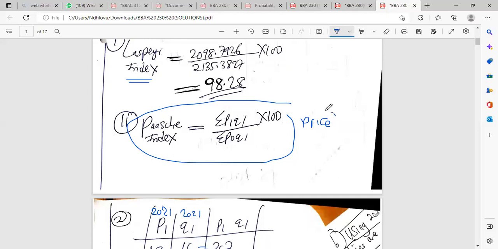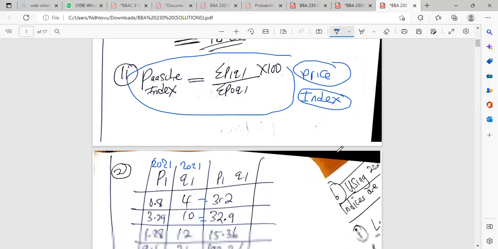It's almost the same, though, but there's a slight difference. So here, this is for the price index for the Paasche. You can copy this one somewhere. Now let's go to the volume index.